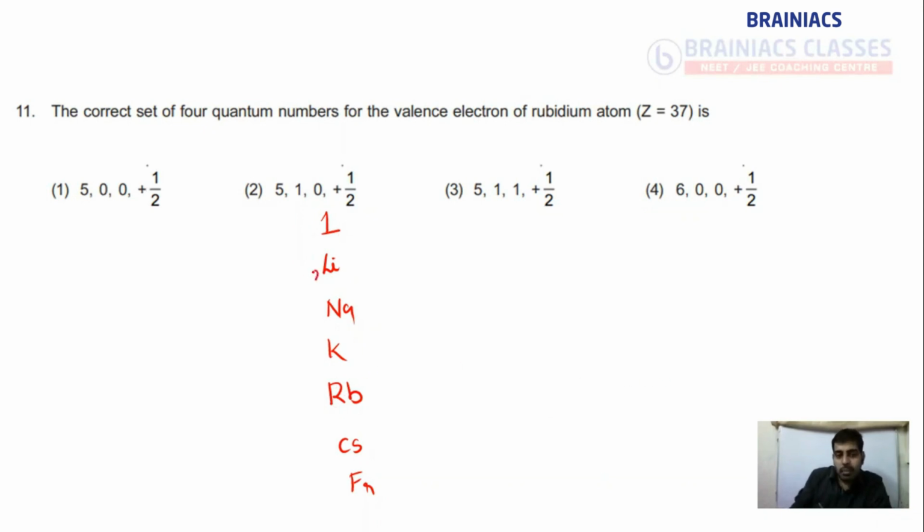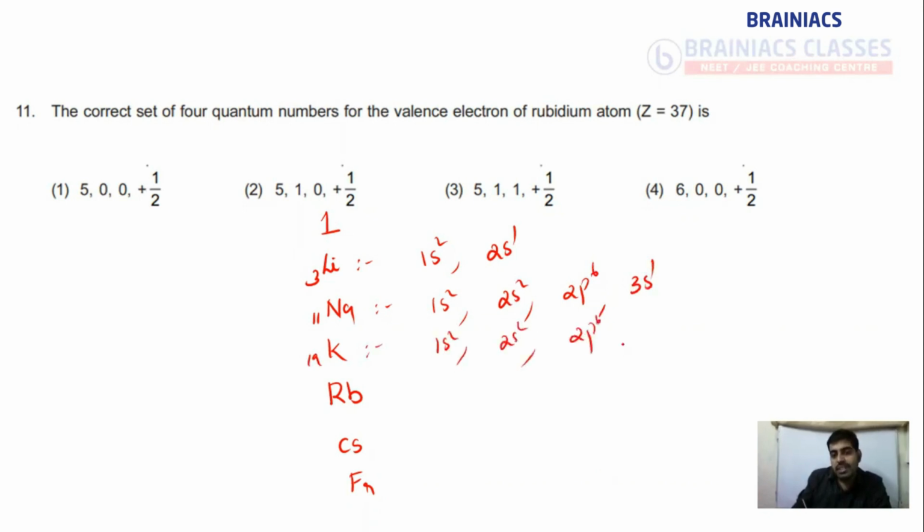For lithium, atomic number 3, configuration 1s2, 2s1. Sodium, atomic number 11, configuration 1s2, 2s2, 2p6, 3s1. Potassium, configuration 1s2, 2s2, 2p6, 3s2, 3p6, 4s1, right?